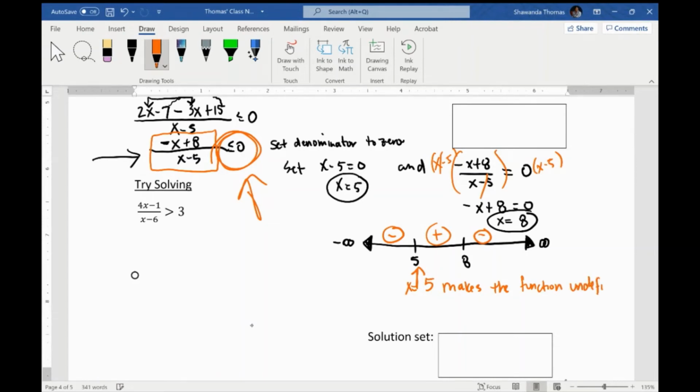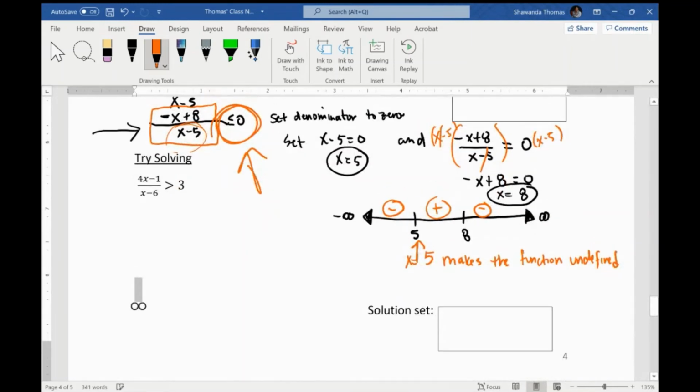Y'all remember that? Look at it. Wouldn't it make it undefined? 5 minus 5. So I want you to keep that in mind when we say our answer. All right. So tell me the first interval that works.